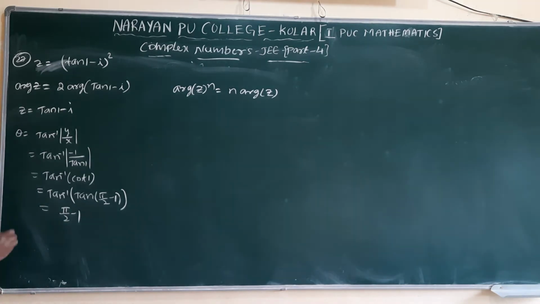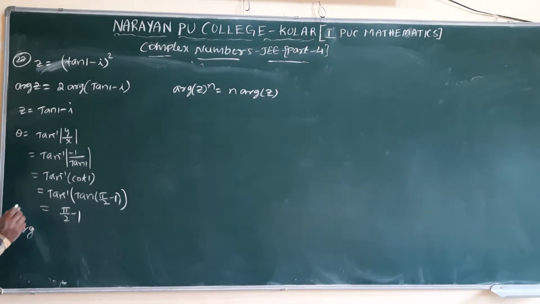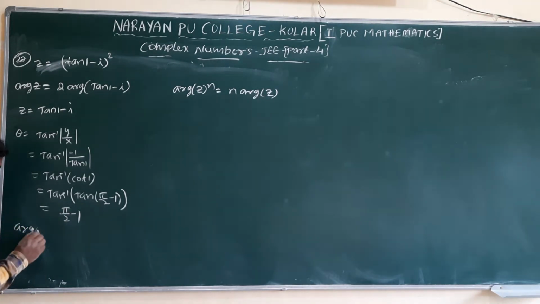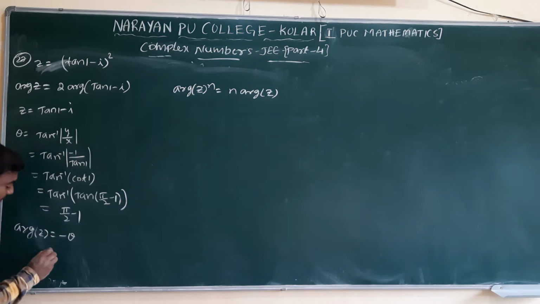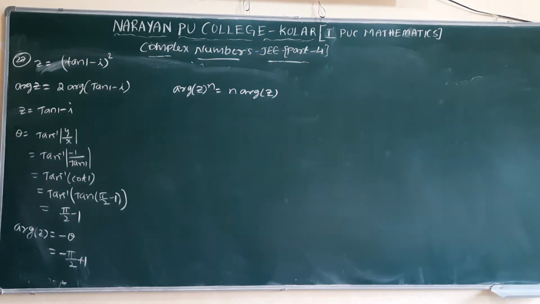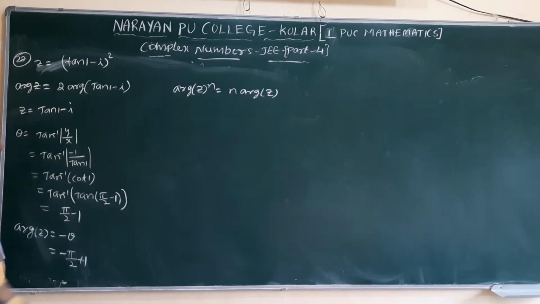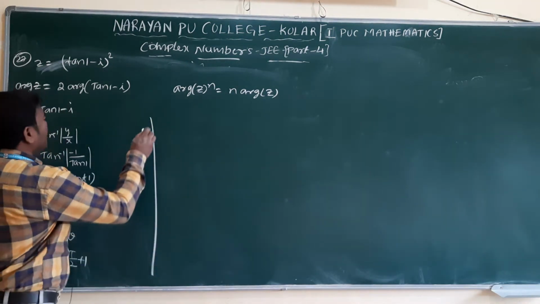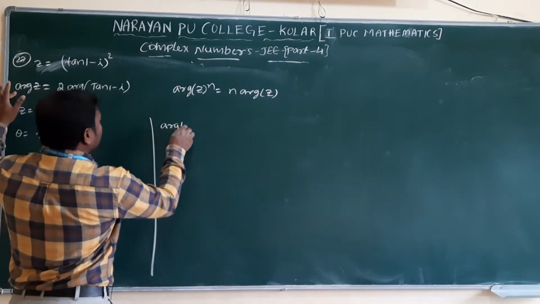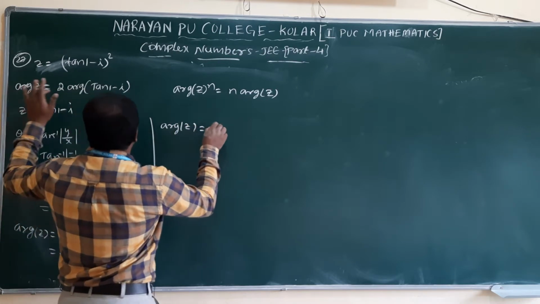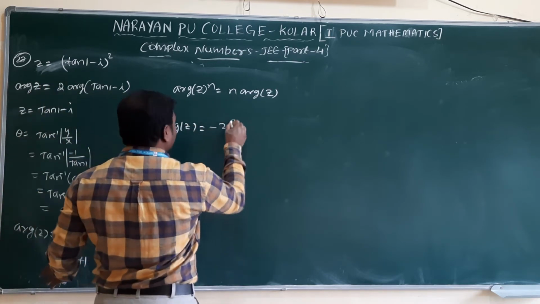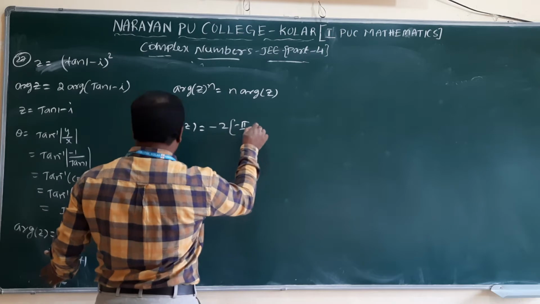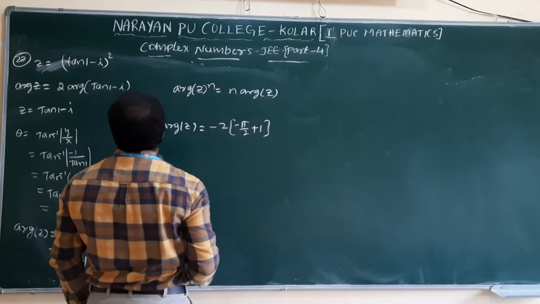So here the argument of z is equal to minus theta. So minus theta, what is the theta value here? So minus pi by 2 plus 1. Again substitute here. So argument of z is equal to 2 into the argument value, minus pi by 2 plus 1.